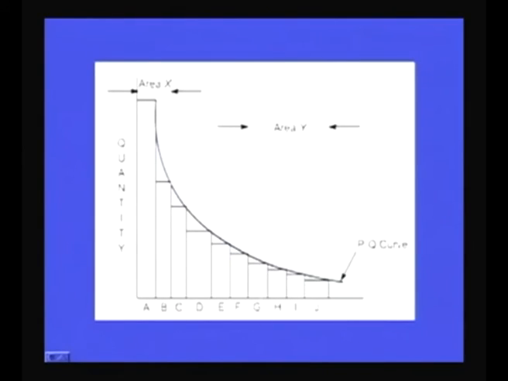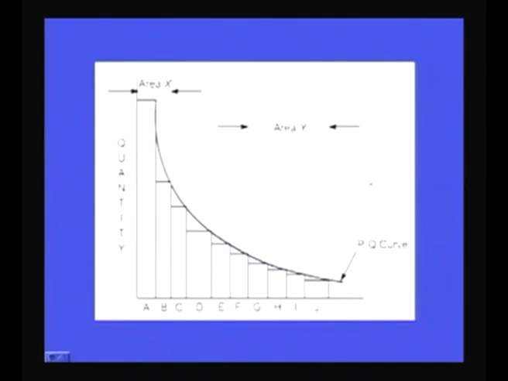Maybe product G may be having 25% or even less than 25% of the volume of product A. So what we have seen in this bar chart is that we represent the volume or the quantity on the y-axis, and the type of products on the x-axis, and then we see the volume of a particular product that is produced.